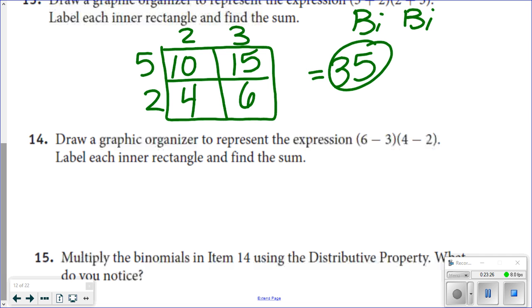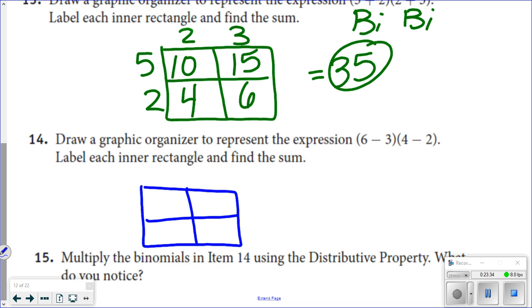Okay, go ahead and pause and do question 14. Six times 4 is 24, negative 12, negative 12, positive 6. And add these all up.